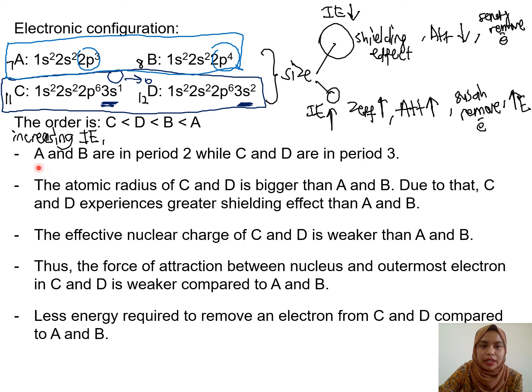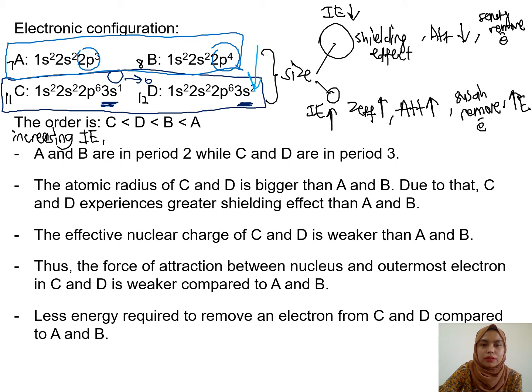A and B are in period 2, while C and D are in the third period. Okay, across the period, the atomic radius of C and D should be bigger than A and B. Why? Because the third period, this is the second period. So it's as if going down the group.